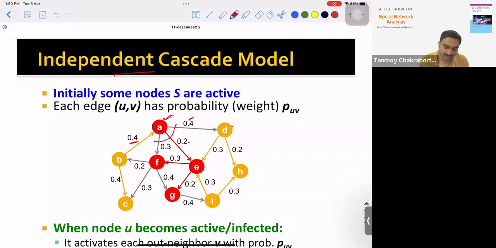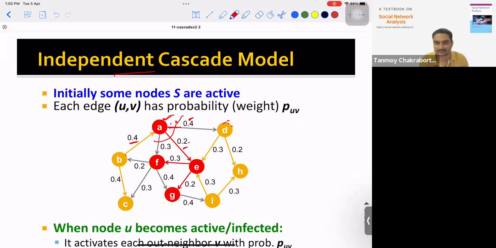So let's say you start from A, and you choose this edge. You toss a coin with probability P. Say you have a threshold, say the threshold is 0.4, and you toss a coin. If the outcome is, say, 0.3, you will not infect D. If it is greater than 0.4, then A will infect D. Similarly, you choose this edge and toss a coin, a biased coin.